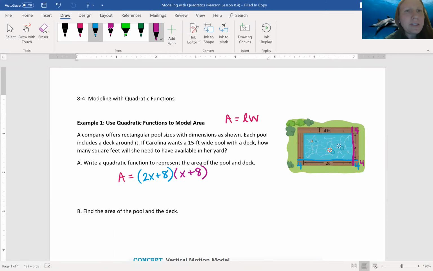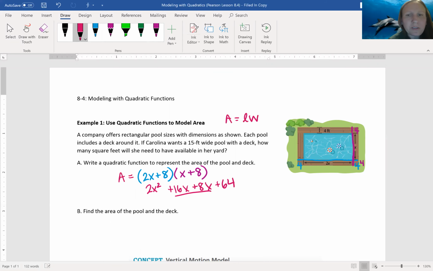And now, while technically that is an equation, we want to simplify that. So we need to distribute and combine any like terms. So 2x times x is 2x squared. 2x times 8 would be 16x. 8 times x is 8x. And 8 times 8 is 64.